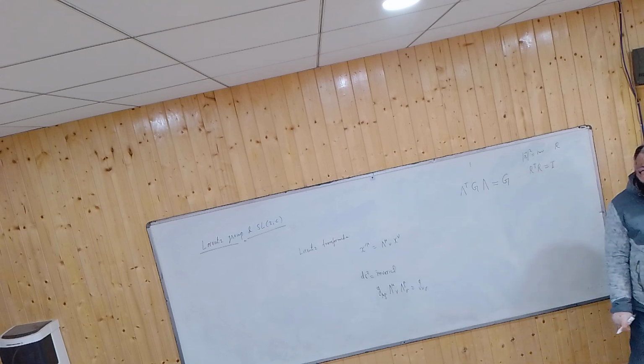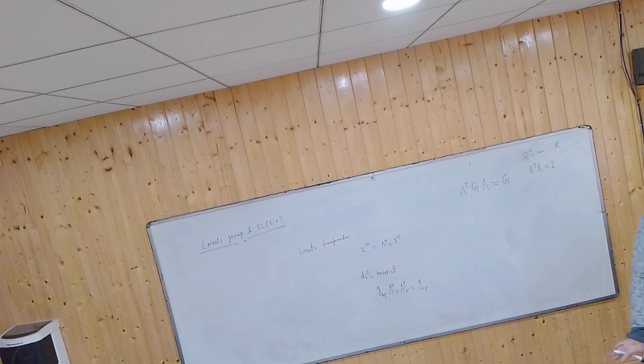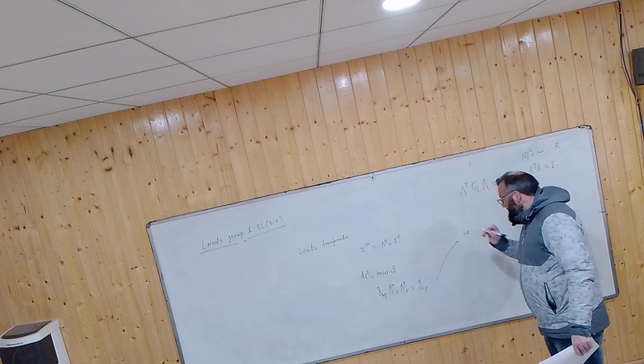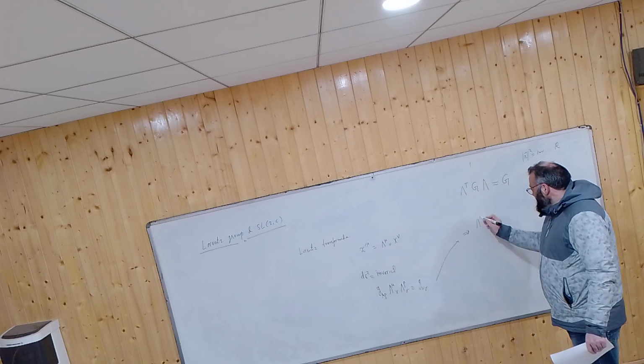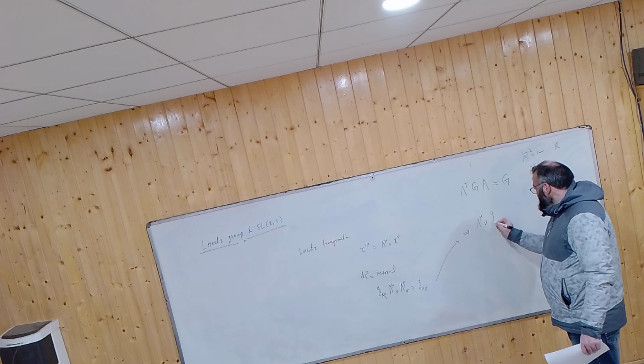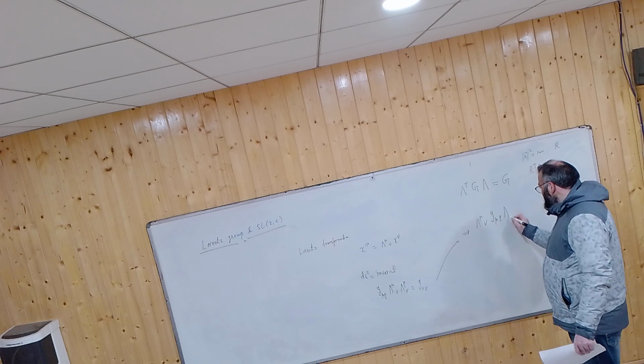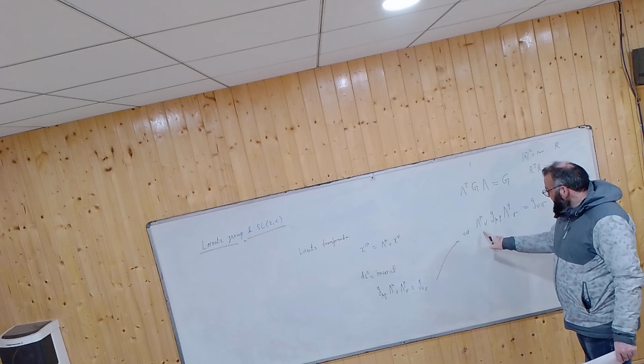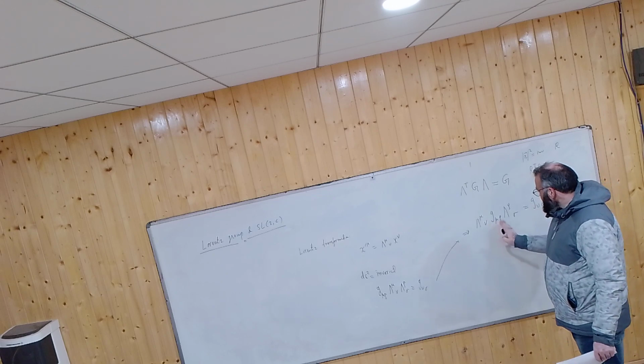Clear? In a symbolic way, without any kind of indices. You can write this object like lambda mu nu G mu rho lambda rho sigma is equal to G nu sigma. Clear? This way, one will be the transpose of the other.